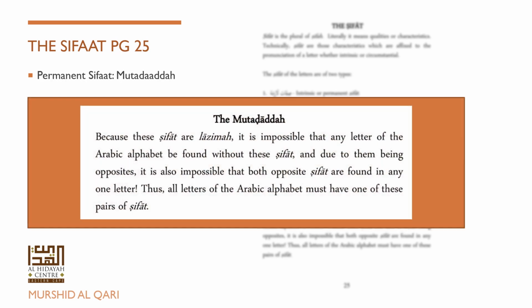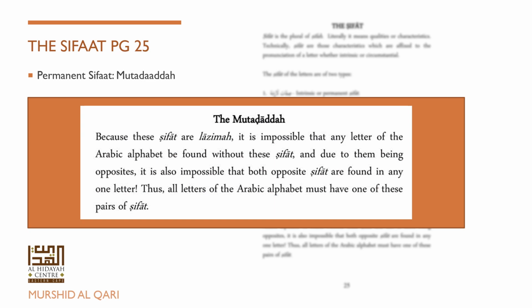The mutadadda, because these sifat are lazima, it is impossible that any letter of the Arabic alphabet be found without these sifat. And due to them being opposites, it is also impossible that both opposite sifat are found in any one letter.